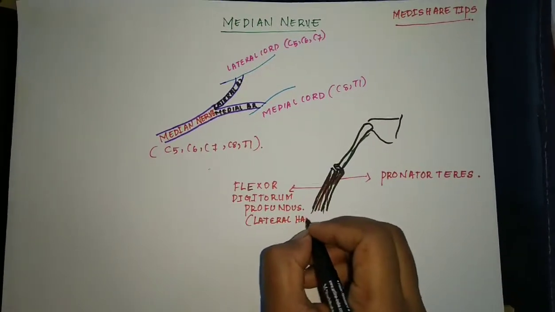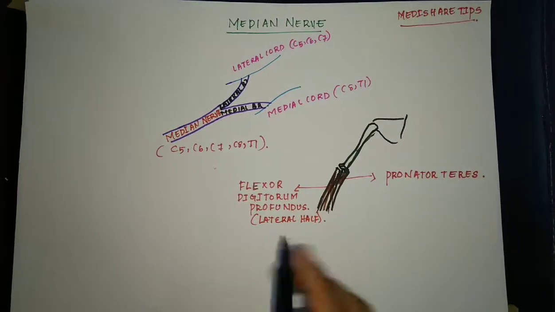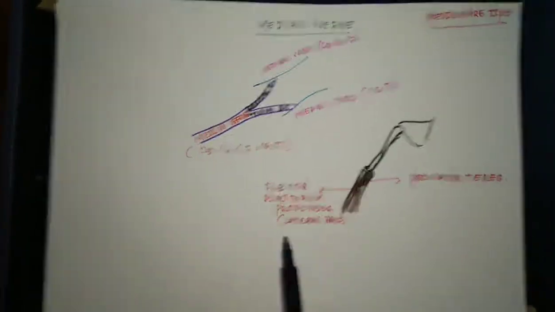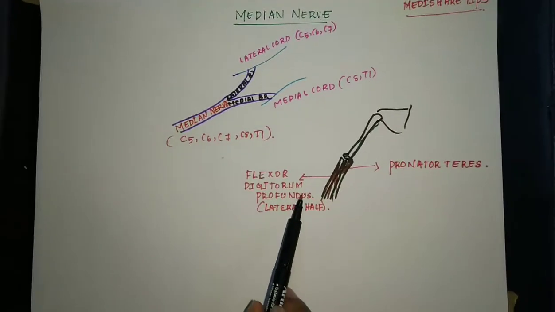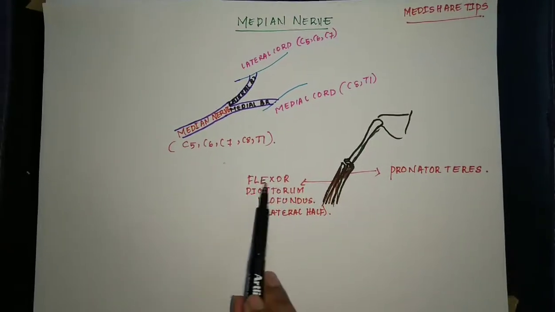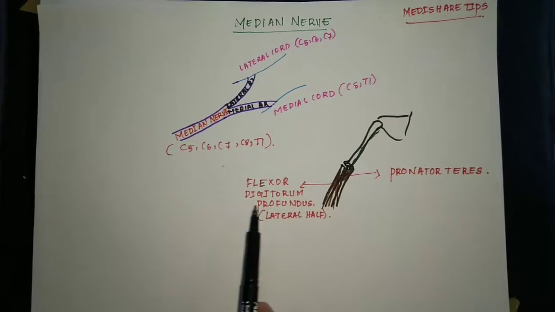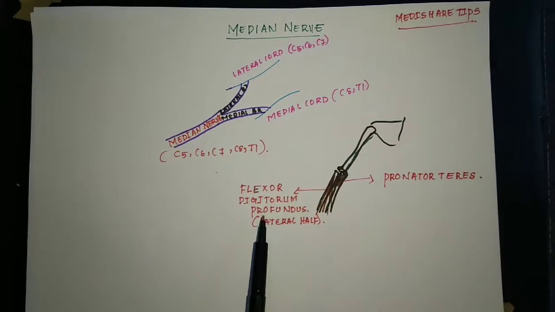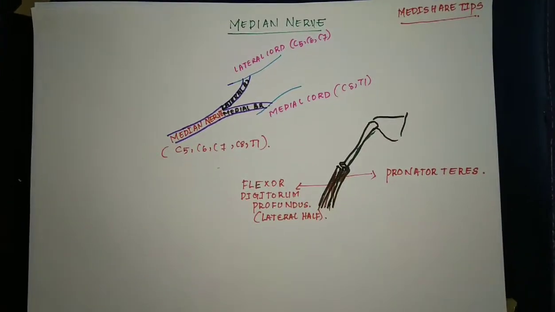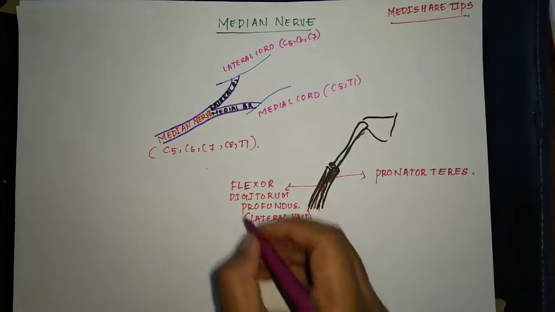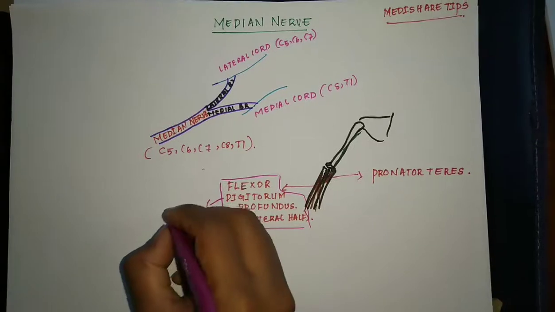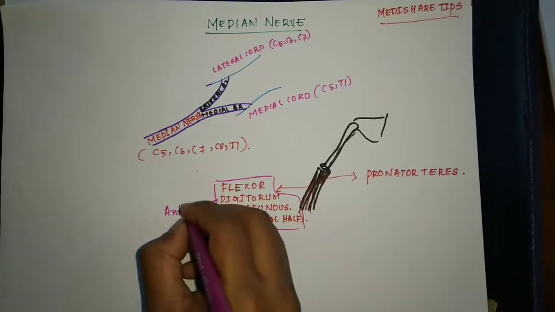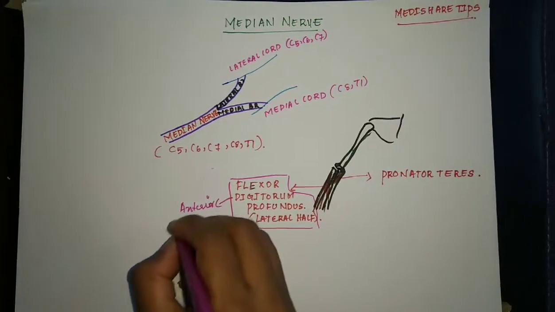This is a deep bulky muscle. The medial half of flexor digitorum profundus is supplied by the ulnar nerve, whereas the lateral half of flexor digitorum profundus is supplied by the deep branch of the median nerve called the anterior interosseous nerve.